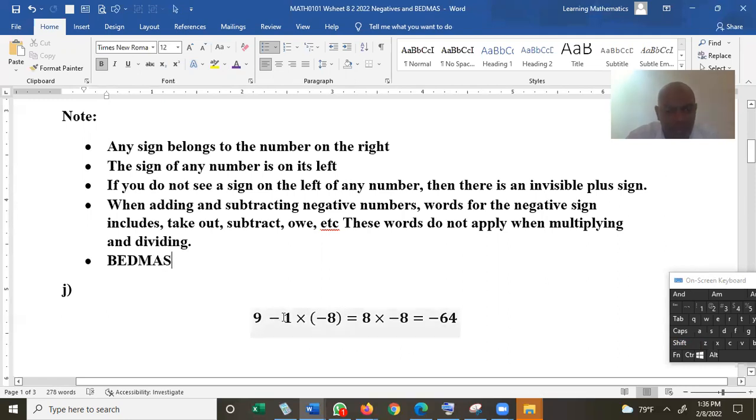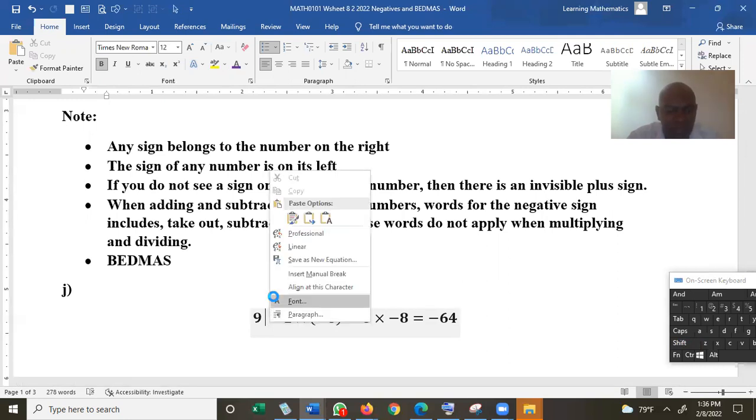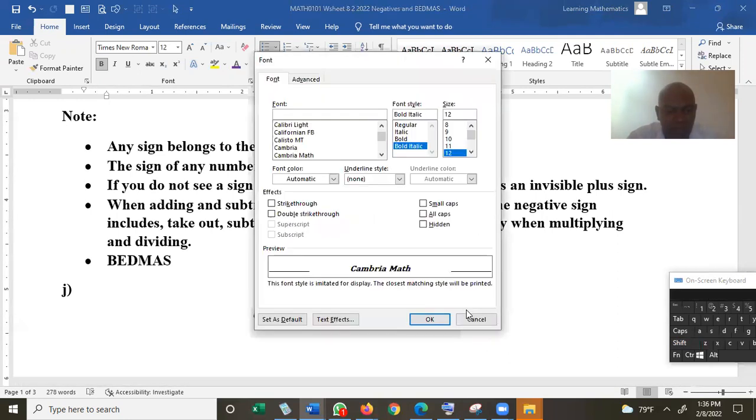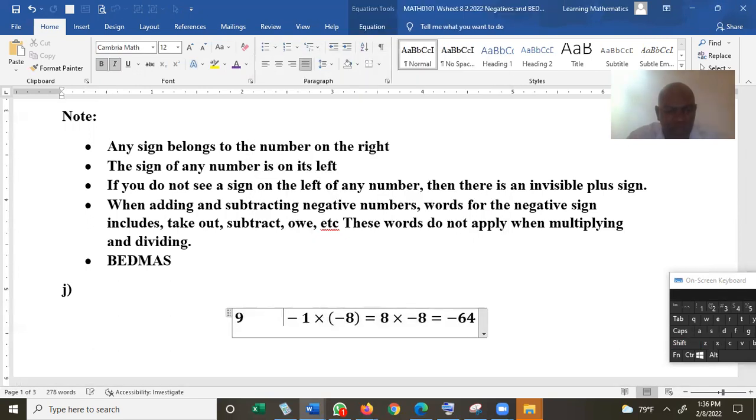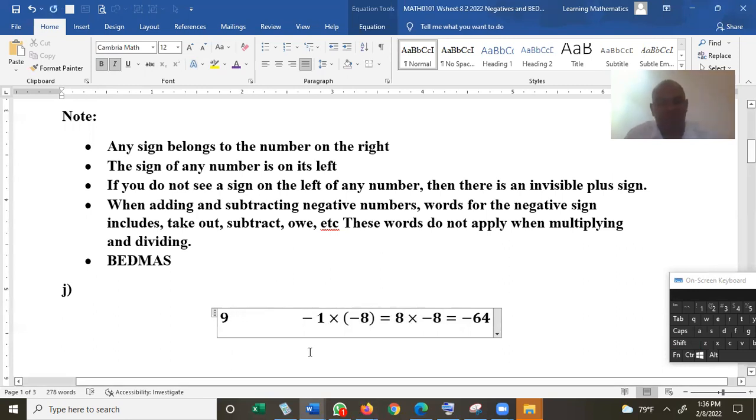I subtracted before I multiply. This minus 1 is being multiplied to negative 8. If I have to separate, I have to start here and separate the distance between them. You can practice doing that. You can even do that with math type.